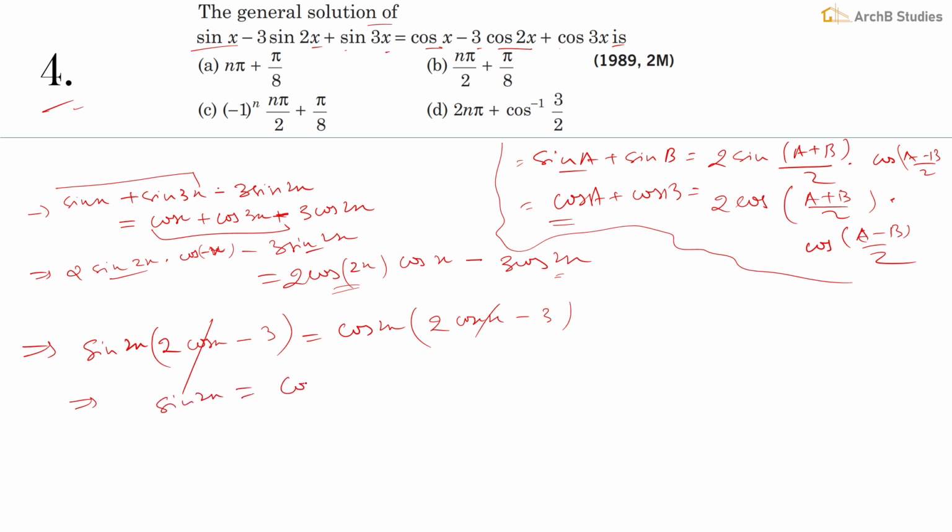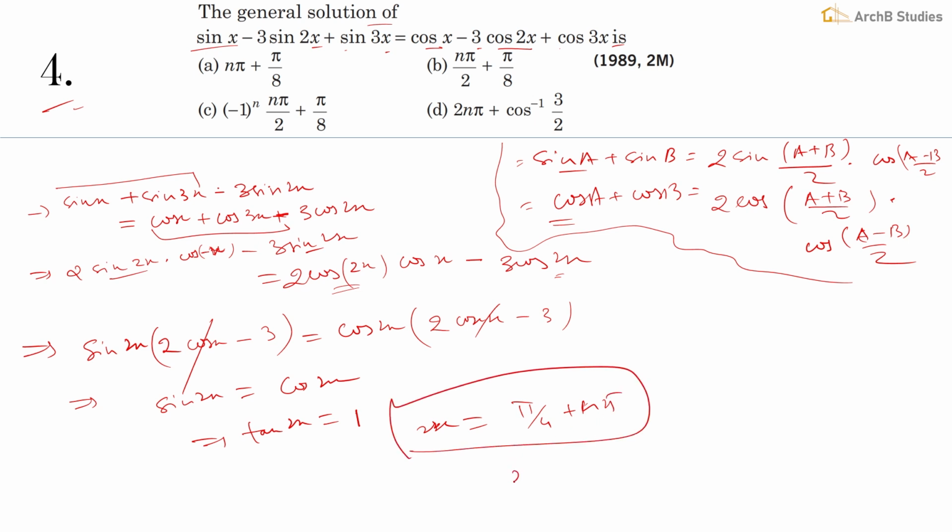Sin 2x equal to cos 2x. This gives tan 2x equal to 1. So 2x will be odd multiples of pi by 4. Okay, x will be n pi by 2 plus pi by 8.